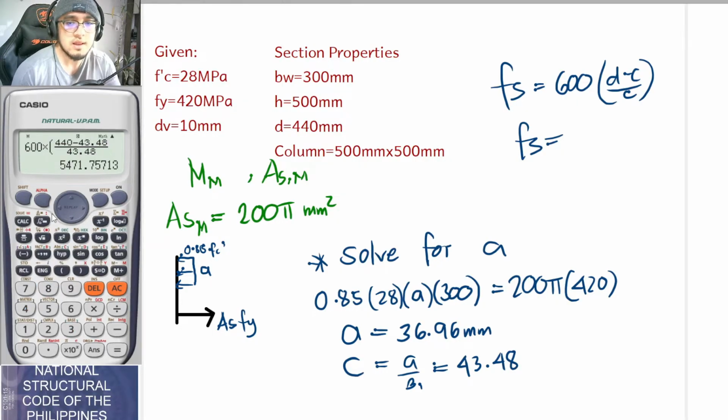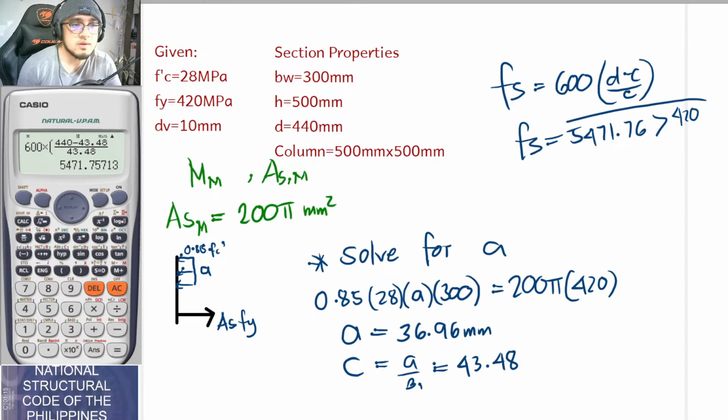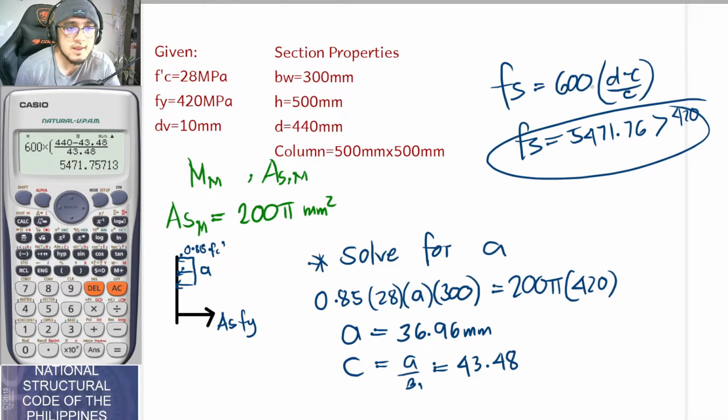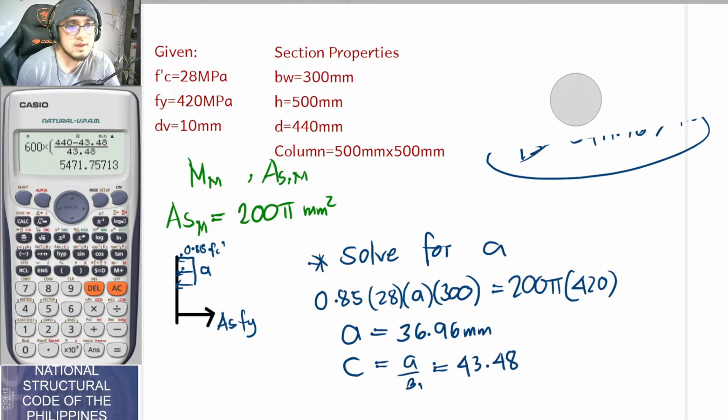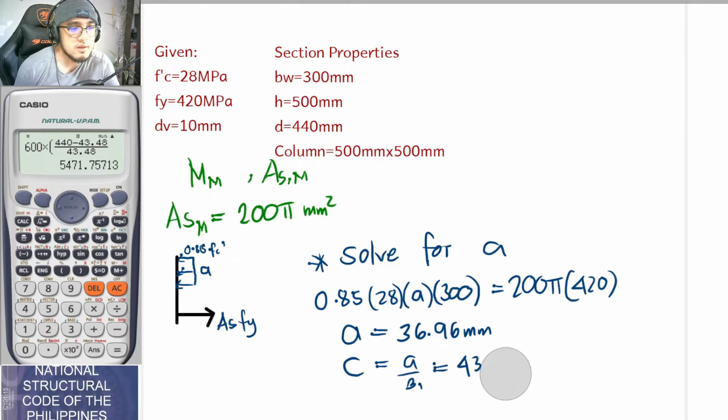So as you can see, that is to be 5,471, and it is to be a lot greater than Fy, so 420. So, yan. Actually, di naman kailangan talaga ito. It's just that I have solved for it for me to prove that it is really Fy, not Fs.